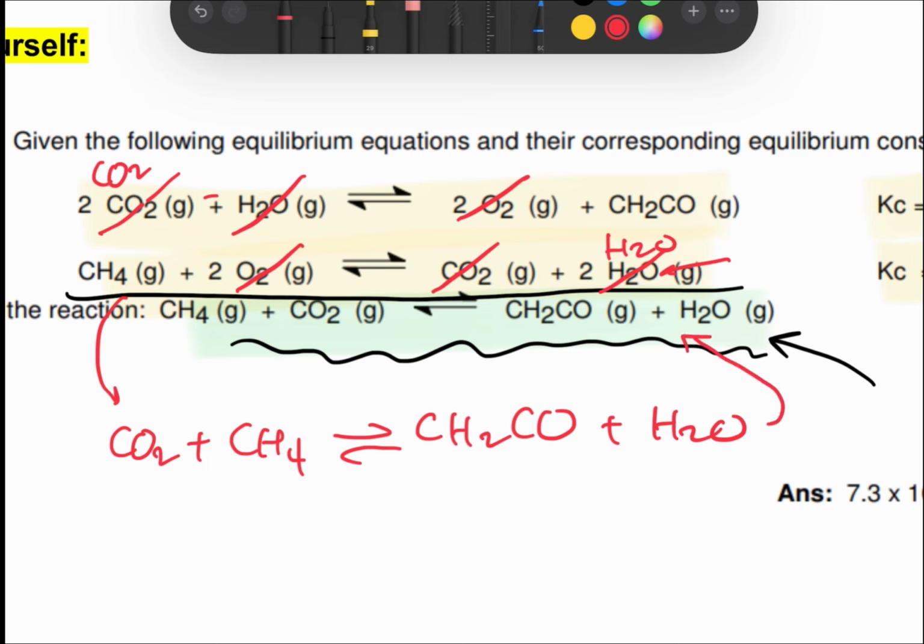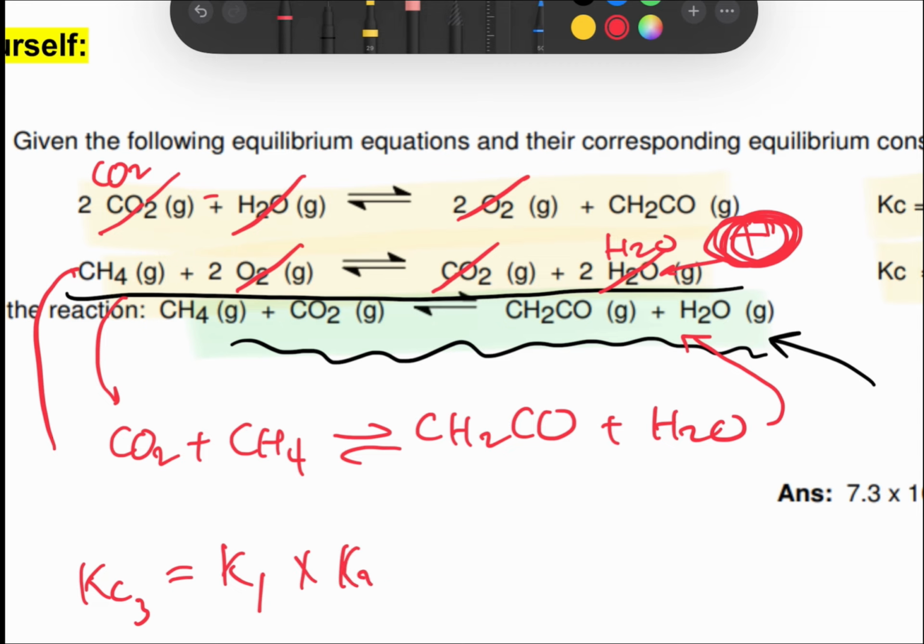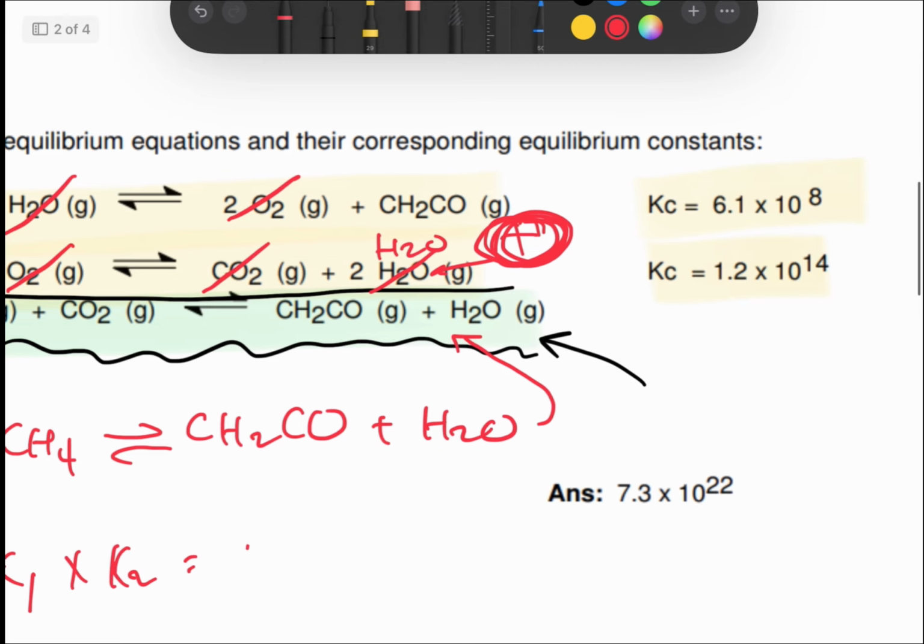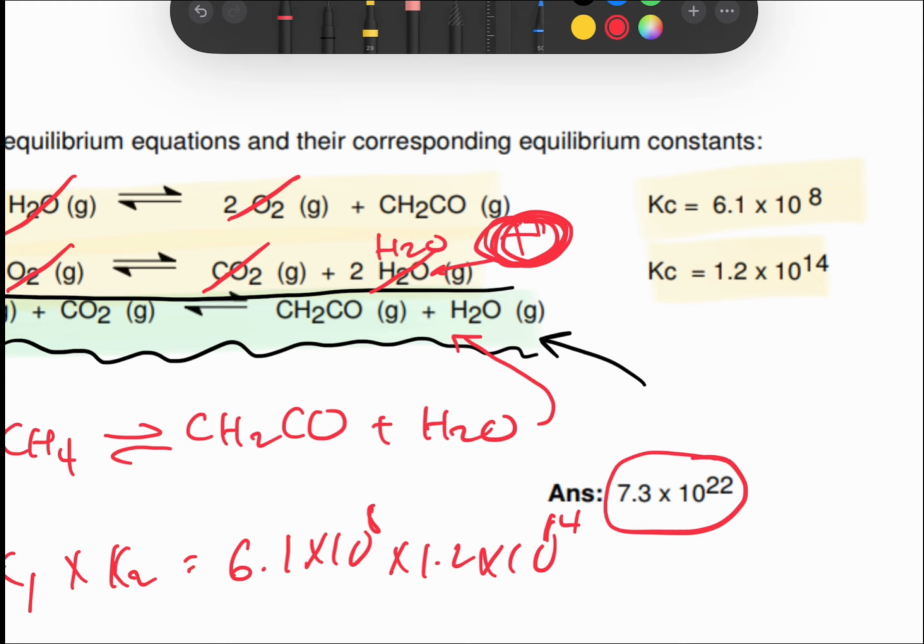So since we're adding the 2 equations, the multiplication process is going to take place right here. So I have to say the value of Kc for this reaction, let's say reaction 3, is equal to the value of K1 times K2. And it's going to be 6.1 times 10 to the power 8 times 1.2 times 10 to the power 14. And we will end up with this answer.